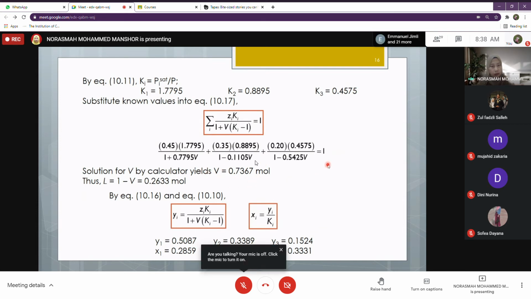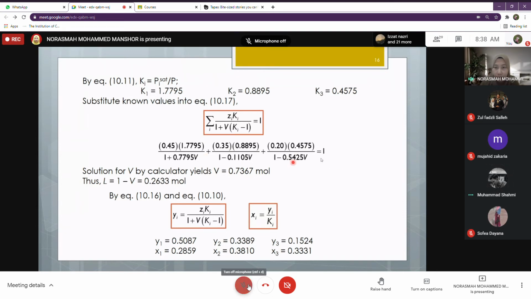Do you all know how to use the calculator to solve this V? Can or not? Know. Try key in on the calculator, can you get the V?